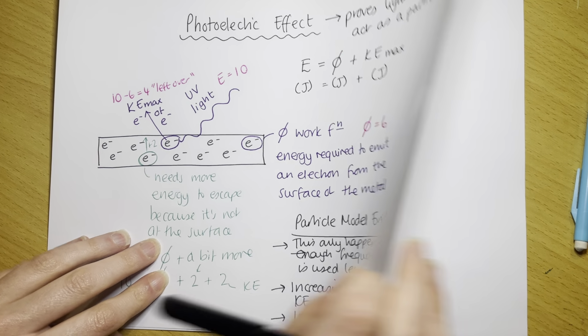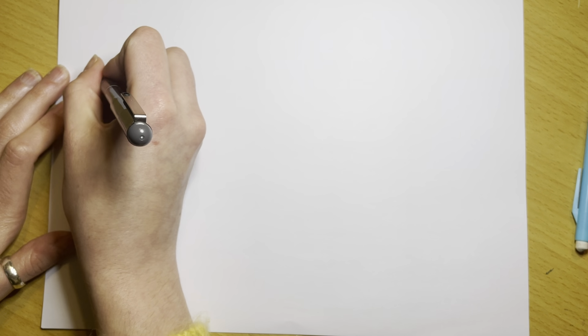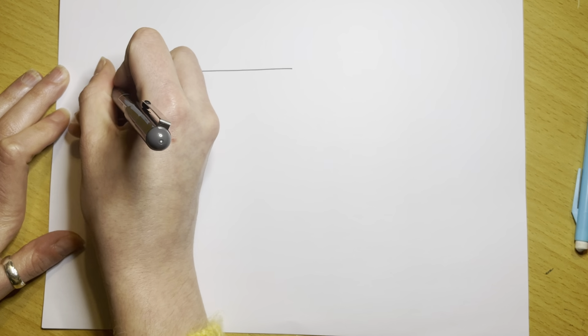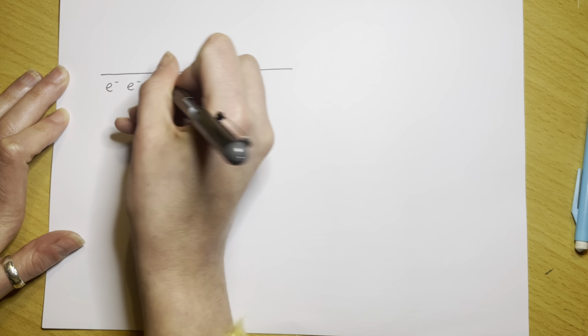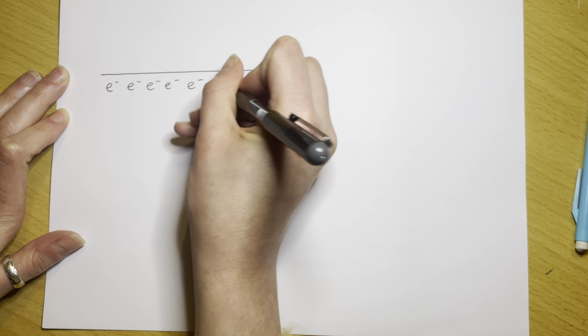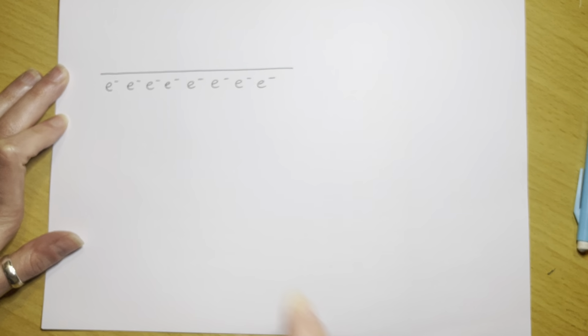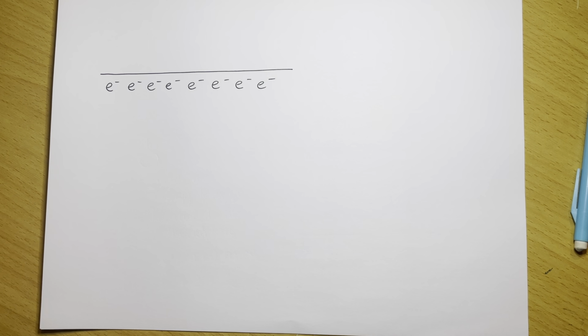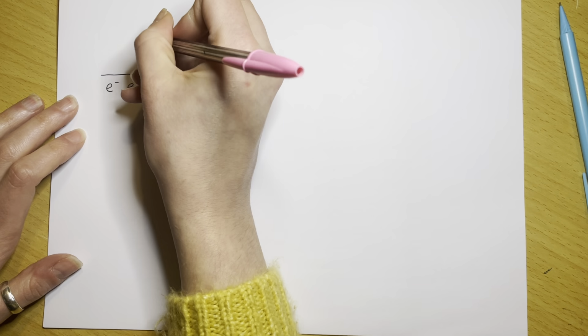So let's try and draw that out actually. So I'm going to draw the surface here once again. And I'm going to have lots of E's, lots of electrons that are ready to go. I'm going to think about what colour of light I might use. I normally don't have a red pen, but I do have a pink pen.